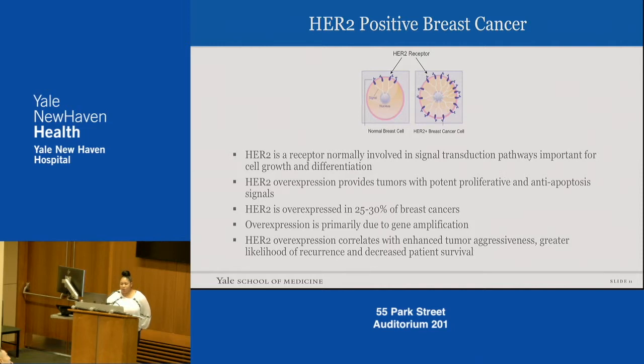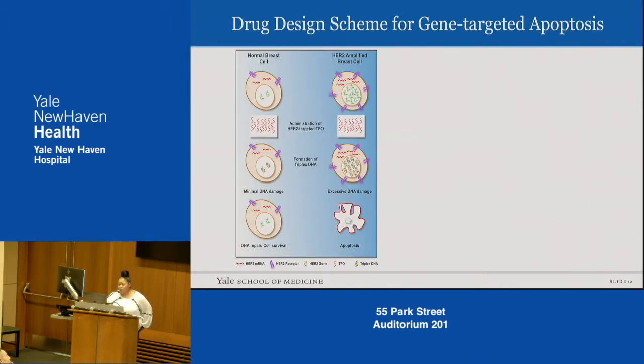So we decided that we would use HER2 positive breast cancer as a model to determine whether or not our strategy was effective. Just to describe our drug design scheme, what we imagine is that in a normal breast cell you would only have 2 copies of the HER2 gene, while in the amplified cell you would have multiple copies of the HER2 gene.